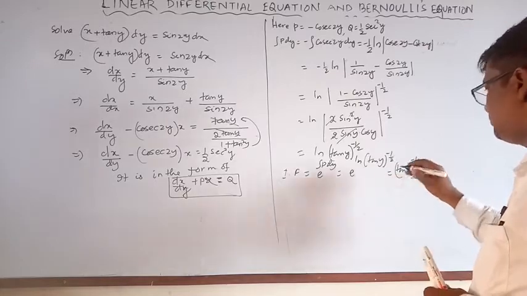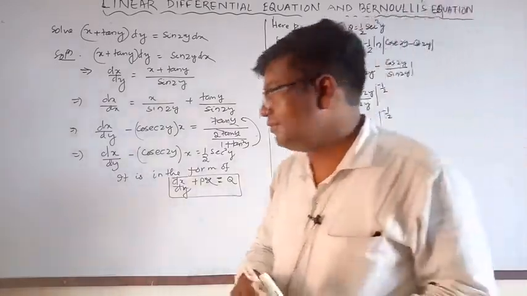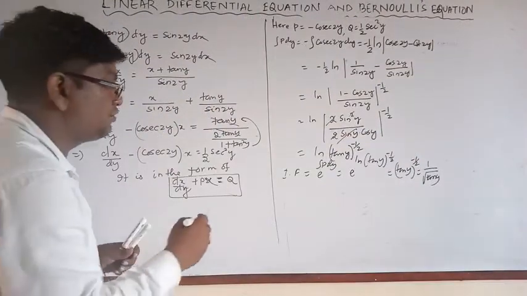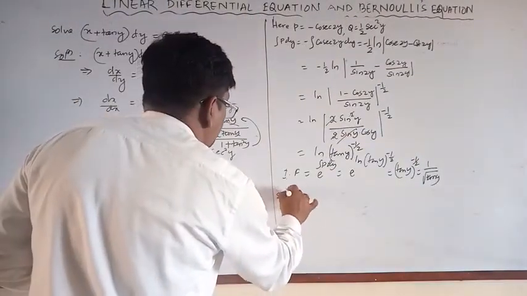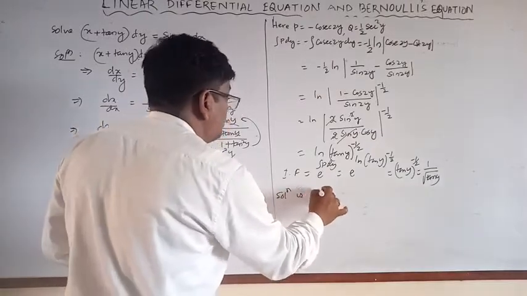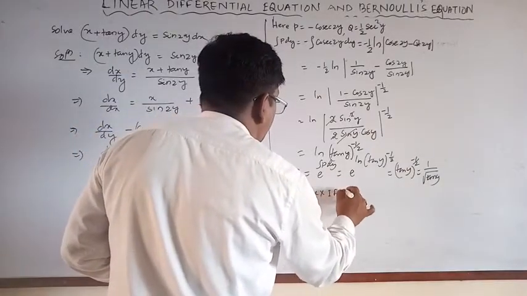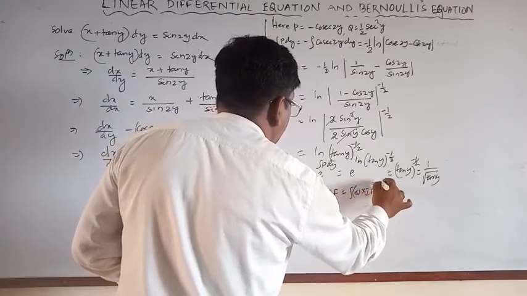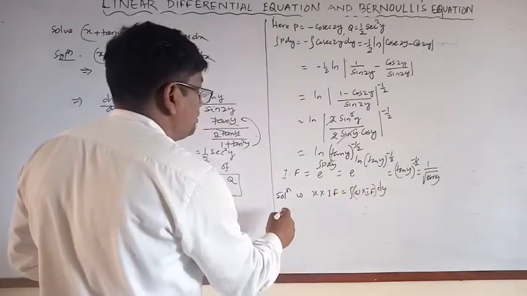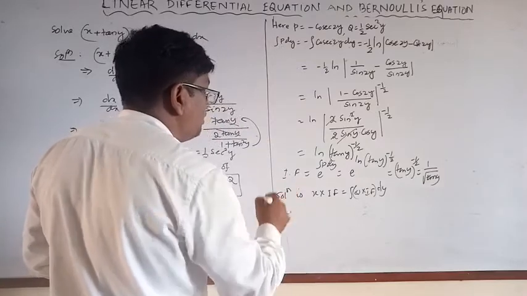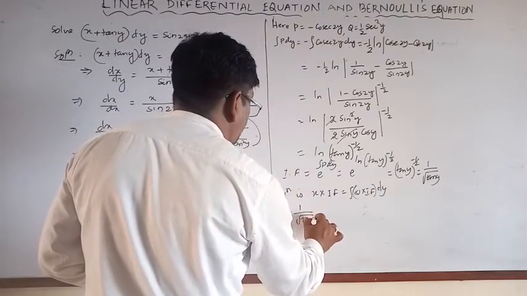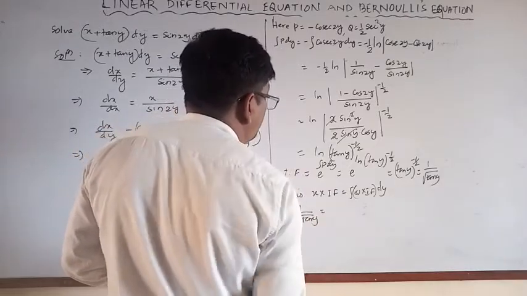This is IF. Now the solution is x into IF equals integration of q into IF into dy. So x into IF means 1 by root over tan y is equal to integration of q.